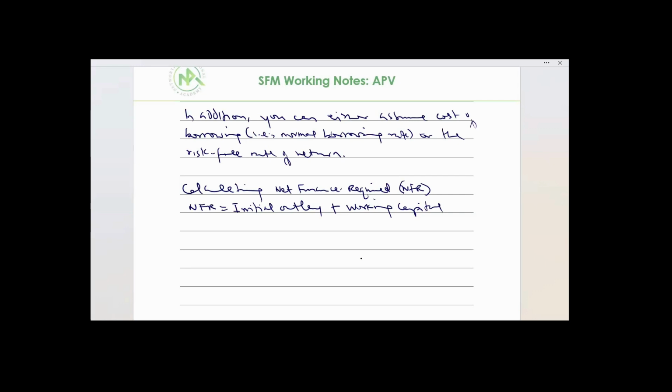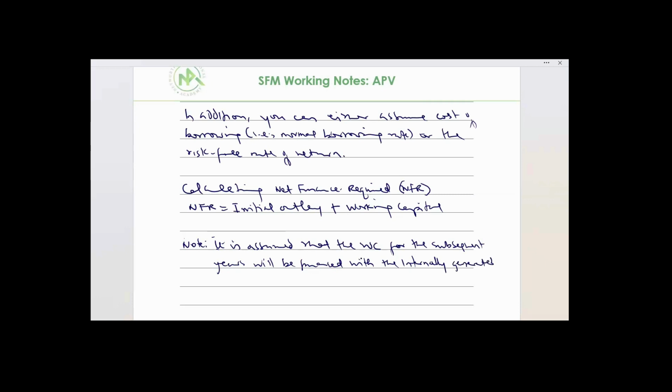So it is assumed that the working capital for the subsequent years will be financed with the internally generated funds.